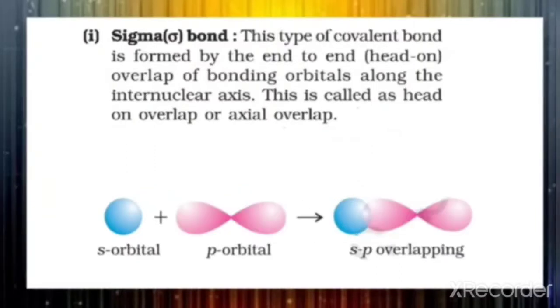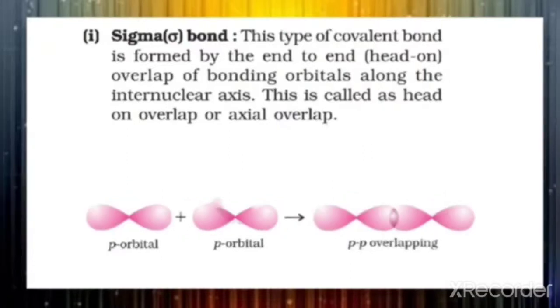When we take an s orbital and a p orbital, this is pz. When they overlap, you can see it is a head-to-head overlapping. This is called s-p overlapping. Similarly, p and p can overlap, that is pz and pz, and this overlapping is along the internuclear axis.